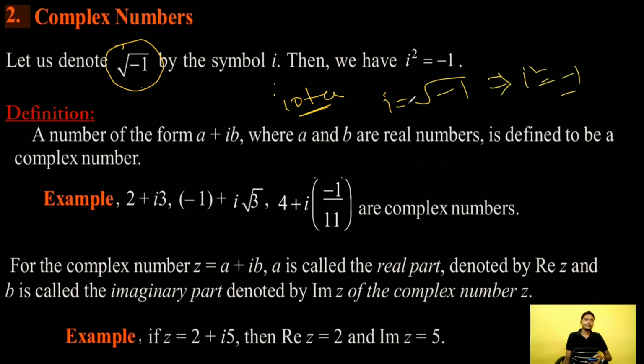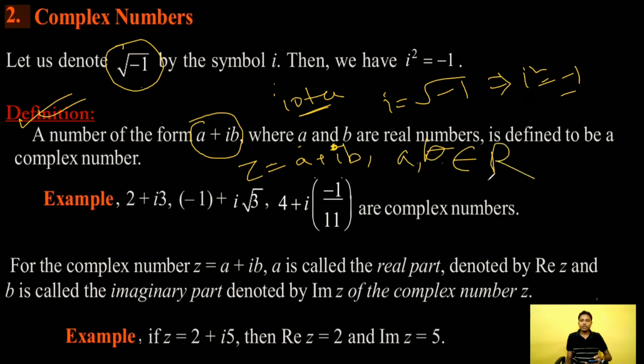Now coming to the definition. A number of the form a plus ib, where a and b are real numbers, is defined to be a complex number. So z equal to a plus ib is a complex number where a and b belong to the real numbers.